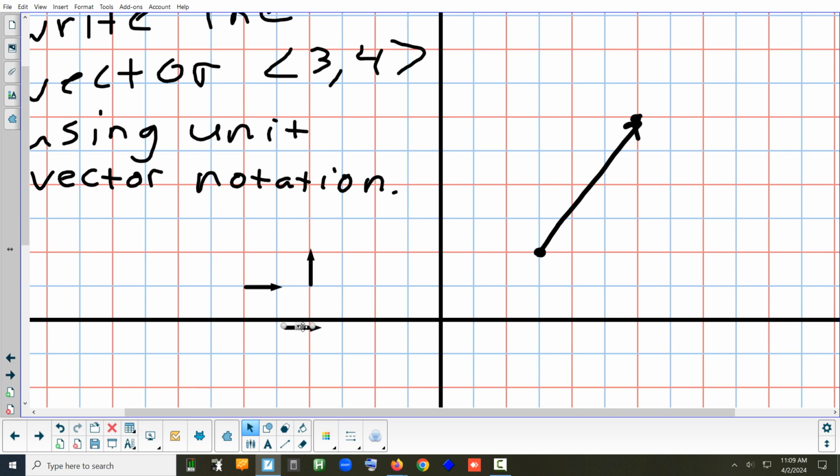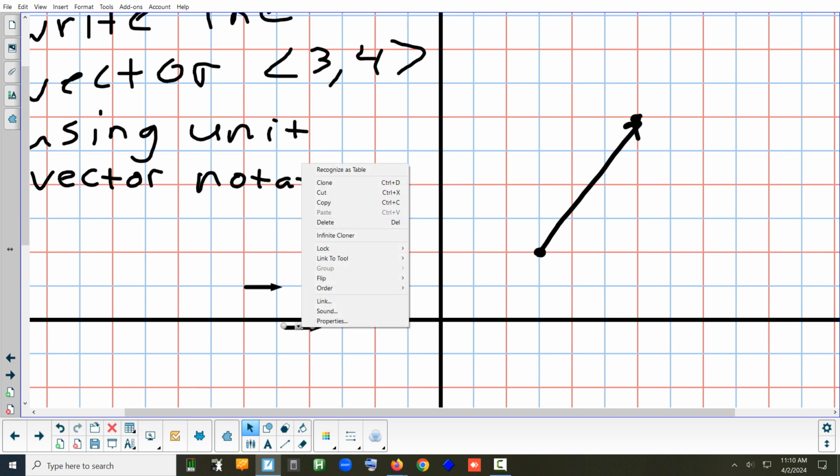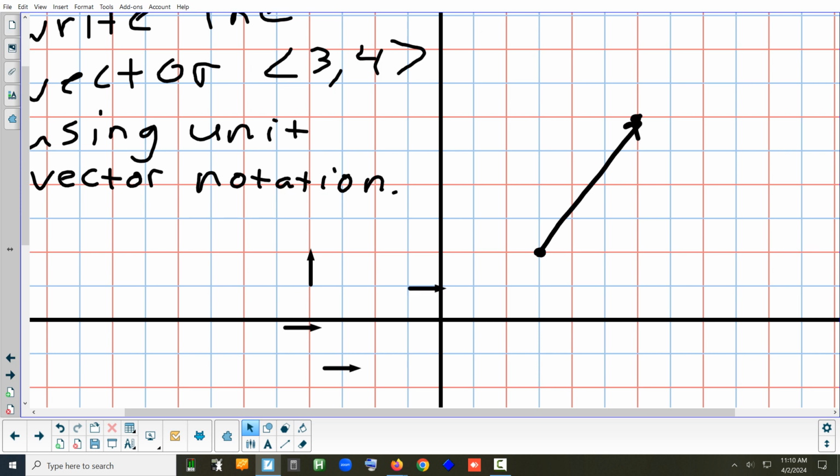So you're going to take 3 of those and stack them all together. So that's 1, 2, and 3. So what do you think you would call this bottom thing? 3i. It's 3i. Yep. That's the first part.